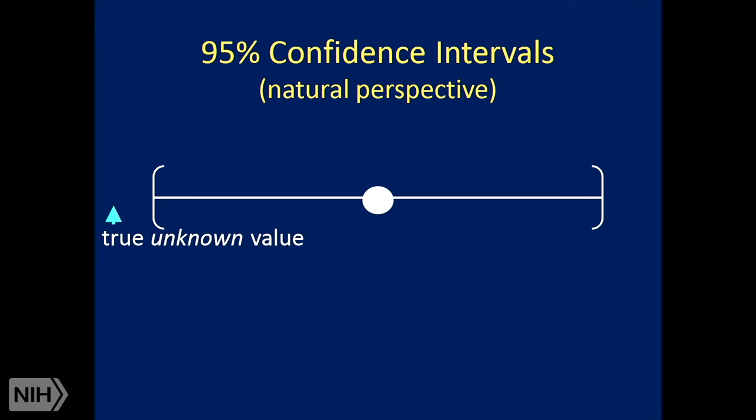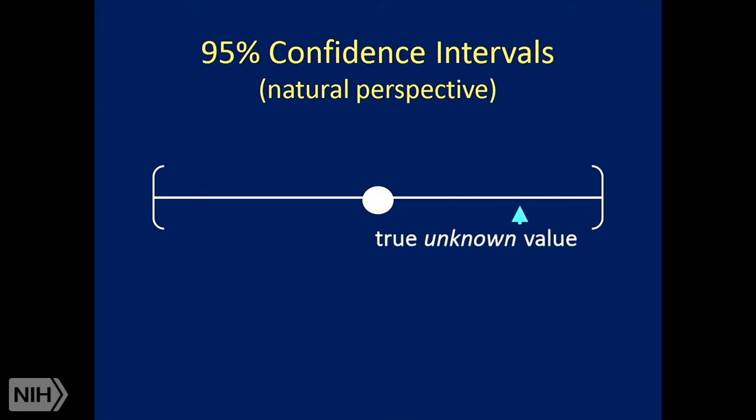So if the confidence interval is this thing right there, and the true unknown value, we just don't know where it is, we think it has a 95% chance to be inside the confidence interval. Okay, were you impressed with the animation? Okay. That's the natural perspective.